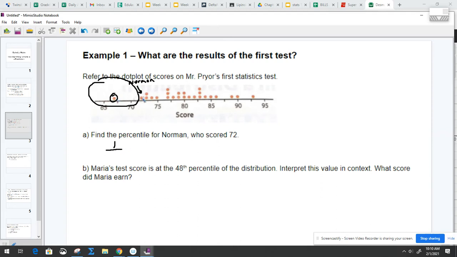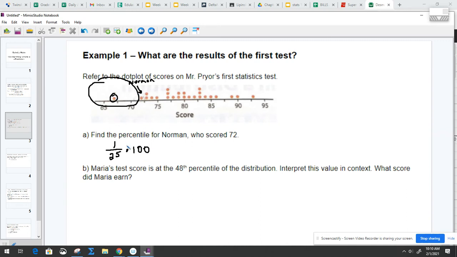So there was 1, 2, 3, 4, 5, 6, 7, 8, 9, 10, 11, 12, 13, 14, 15, 16, 17, 18, 19, 20, 21, 22, 23, 24, 25. So there were 25 total tests. Notice I did not include Norman's score. It's everything to the left of that score.